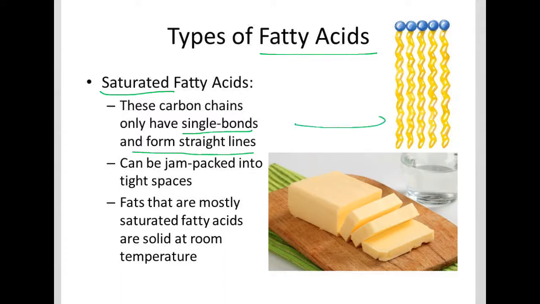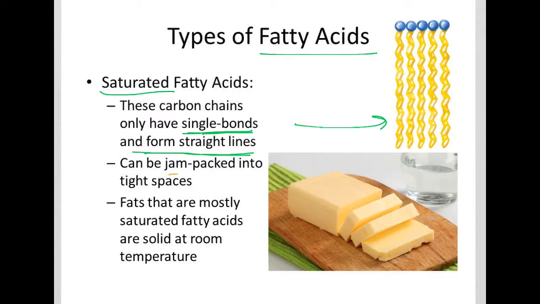So these over here on the right are saturated fatty acids, and what that saturation is referring to is that there are the maximum number of hydrogens per carbon that can exist. And if you'd like more on that, you can come and see me. But for a basic level, these carbons have single bonds only and form straight lines. They do zigzag back and forth, but their overall path is straight.